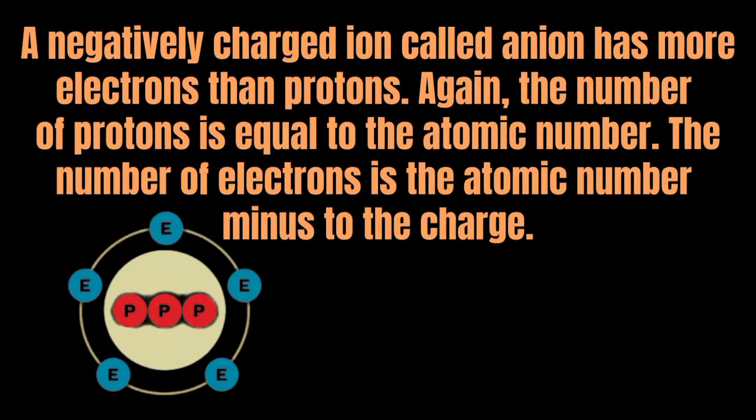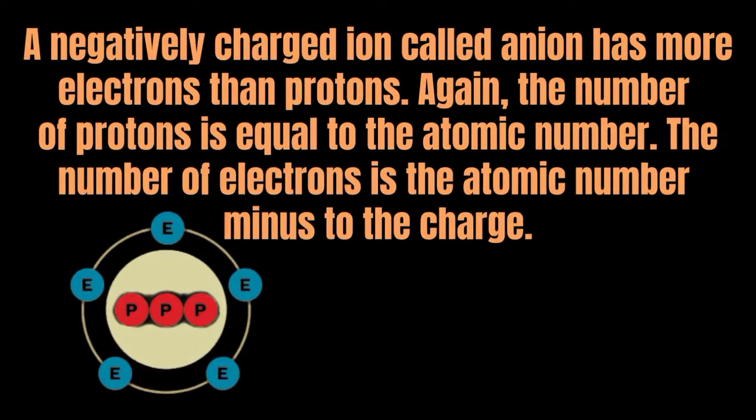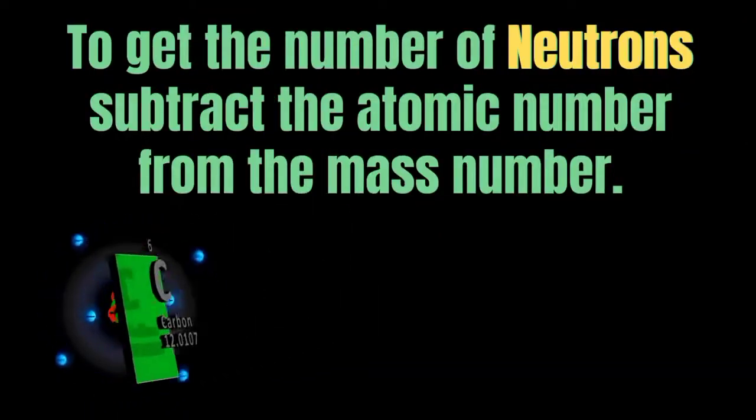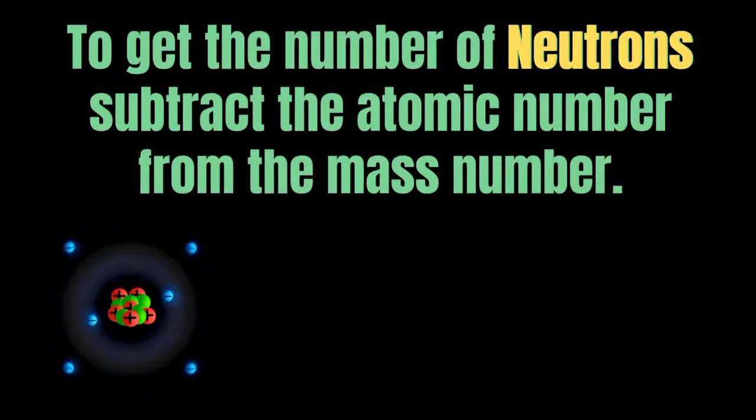A negatively charged ion called an anion has more electrons than protons. Again, the number of protons is equal to the atomic number. The number of electrons is the atomic number minus the charge. To get the number of neutrons, subtract the atomic number from the mass number.